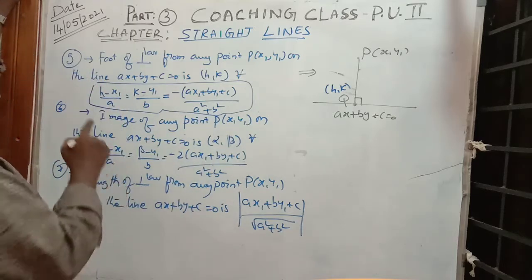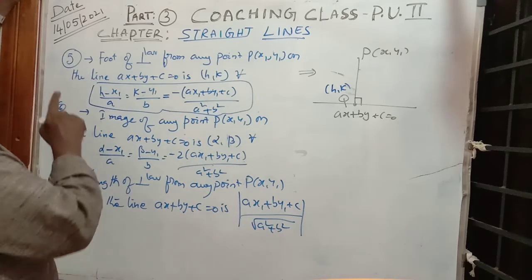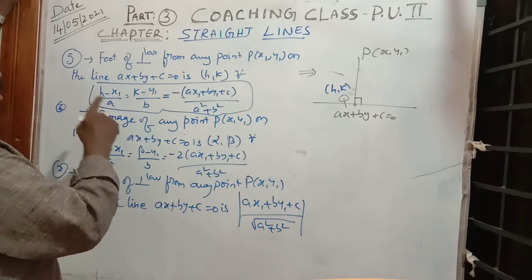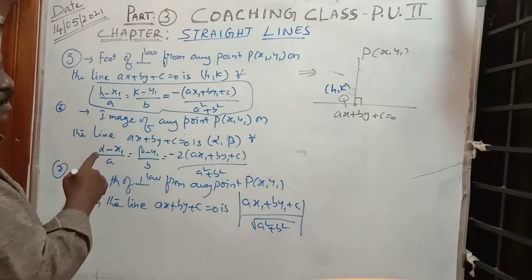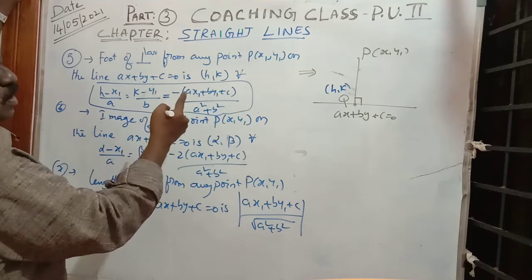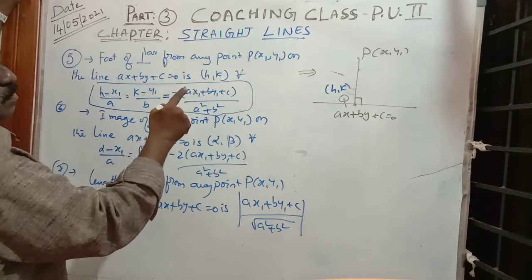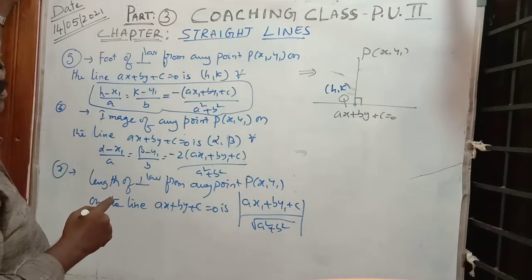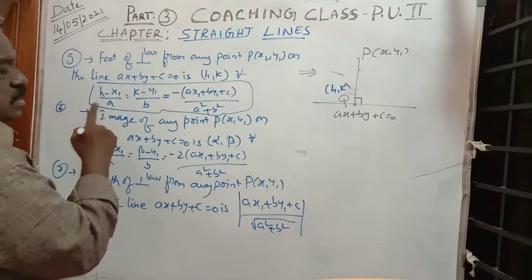This is the formula: h minus x1 by a, equal to k minus y1 by b, equal to minus of (ax1 plus by1 plus c) by root of a square plus b square.